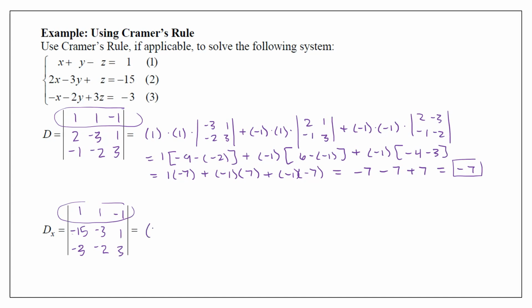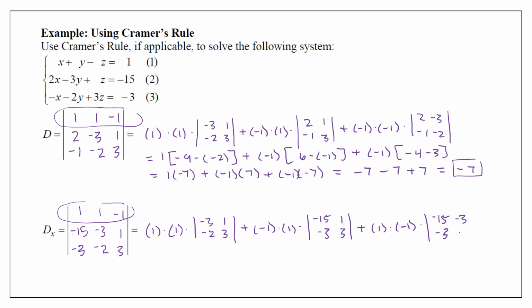Okay, so I'll start off with 1 times my entry, 1 times the minor, which is -3, -2, 1, and 3, plus -1 times the entry 1 times its minor, -15, -3, 1, and 3, plus 1 times its entry -1 times its minor, -15, -3, -3, -2.